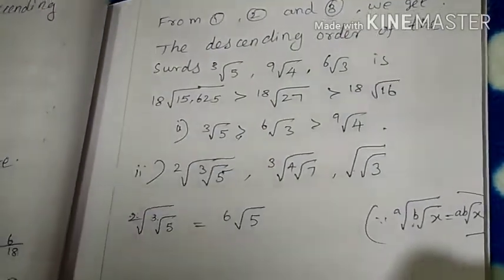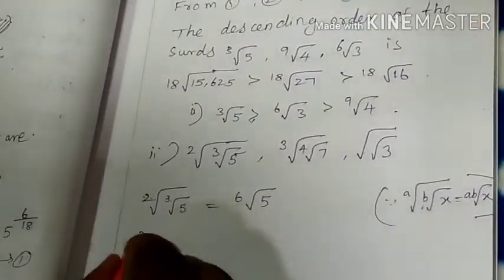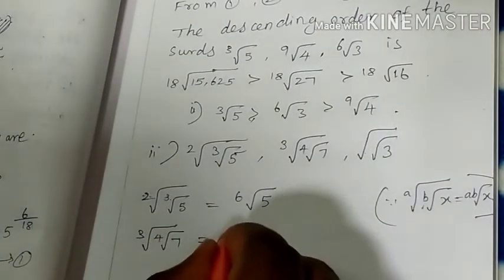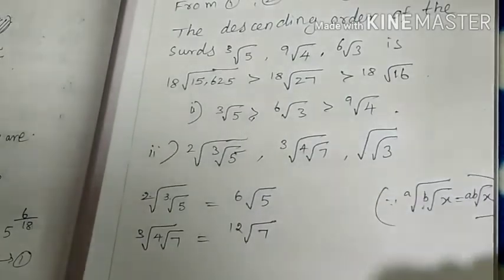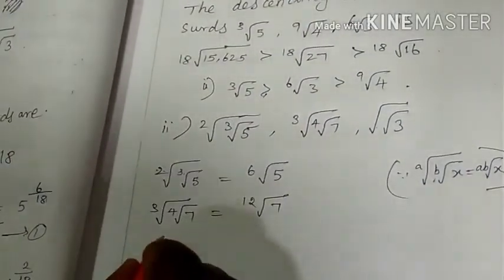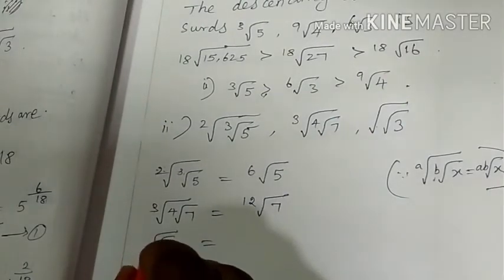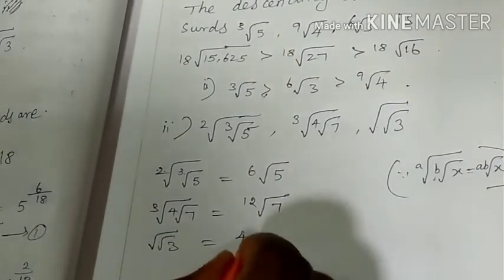The second number, cube root of 4th root of 7: 3 fours are 12, so the 12th root of 7. The square root of 3: 2 twos are 4, so the 4th root of 3.